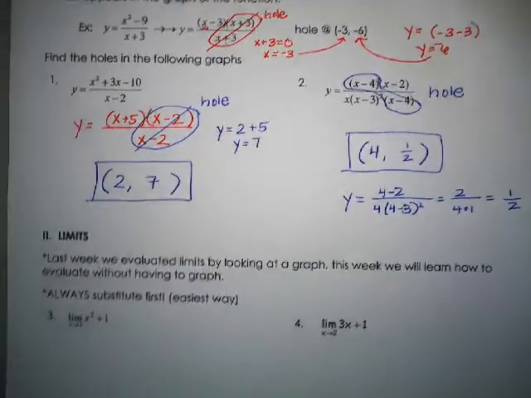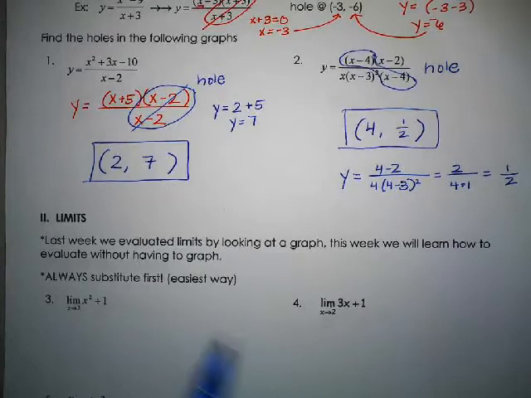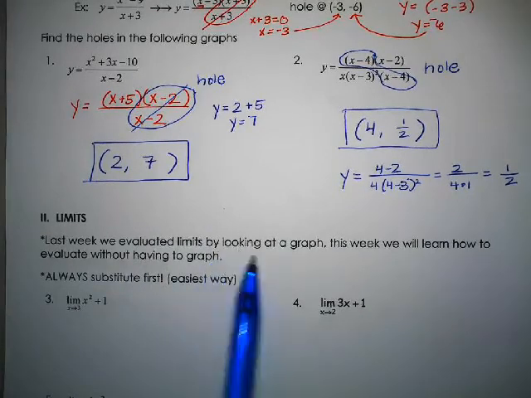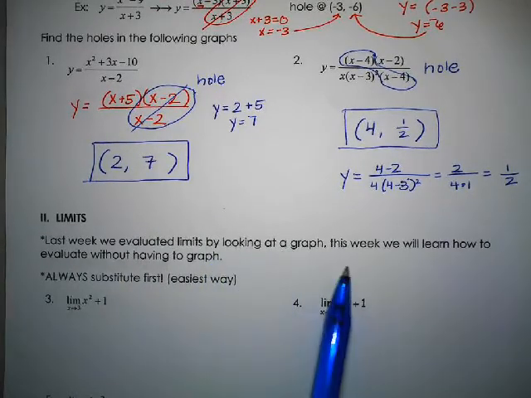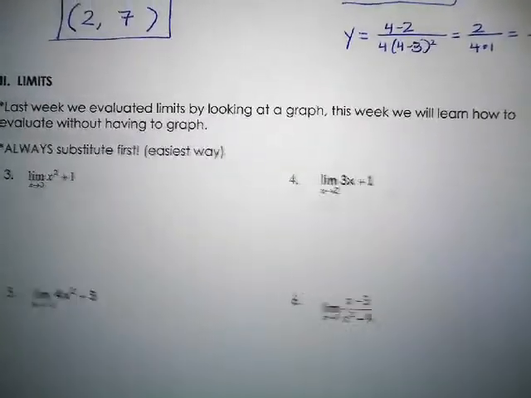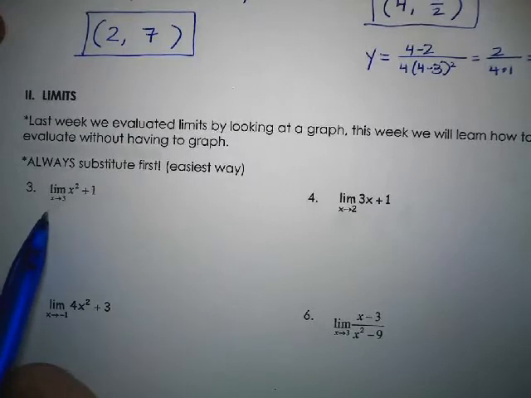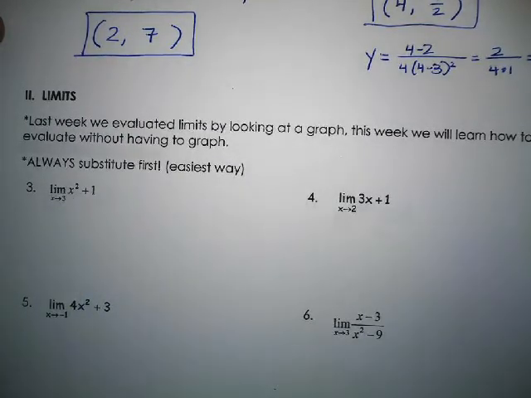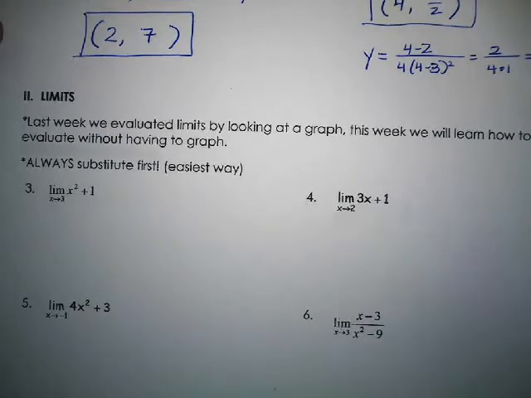Now, we're going to move down to limits. We said last week we evaluated limits by looking at a graph. This week, we'll learn how to evaluate them without having to graph them. So if we look down at problem number 3, remember the way that we say this out loud is the limit as x approaches 3 of x squared plus 1. The first thing I always try to do is just substitute in.